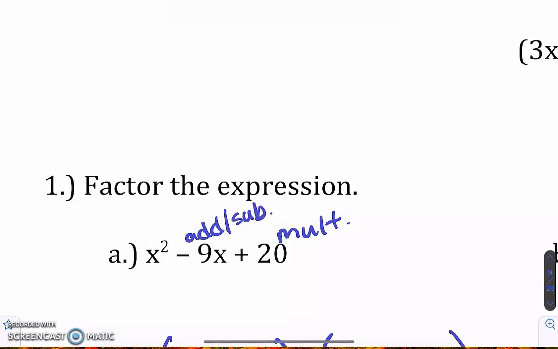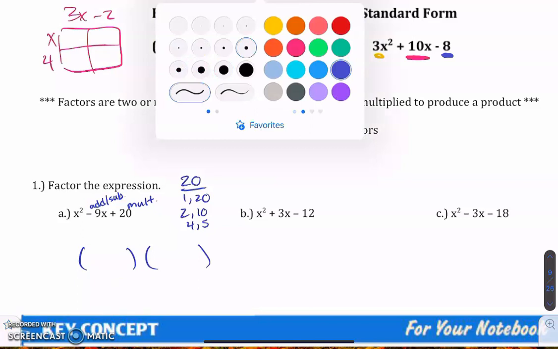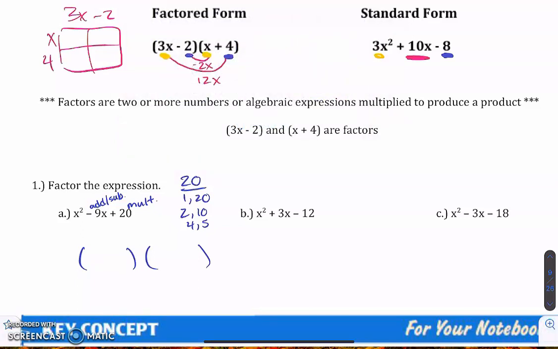So we're trying to think of numbers that multiply to get us 20. So obviously 1 and 20. You could do 2 and 10, 4 and 5, but we're trying to think what numbers, either adding or subtracting them together, could we get the combination of 9. So hopefully you guys are thinking of 4 and 5.